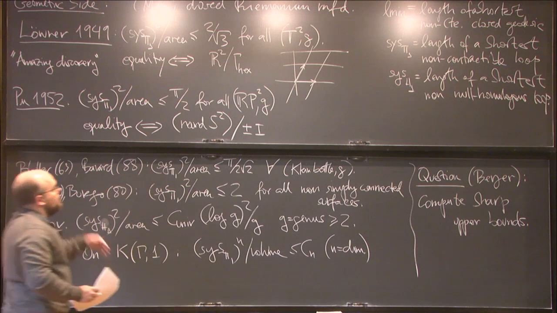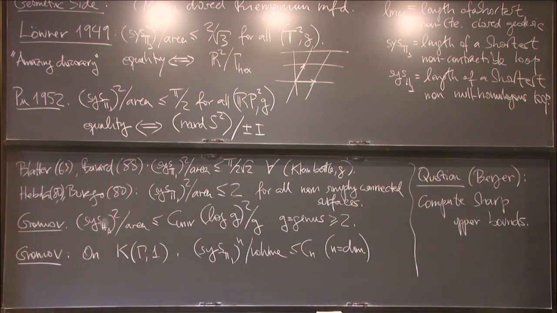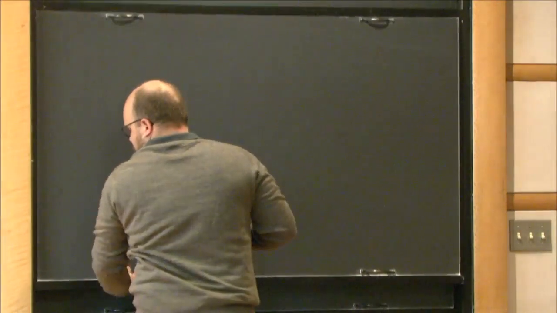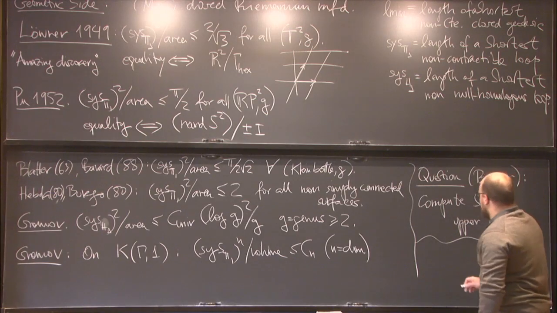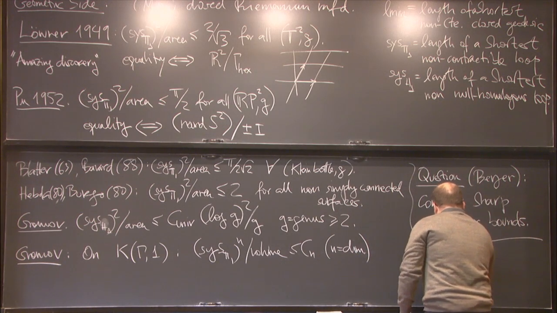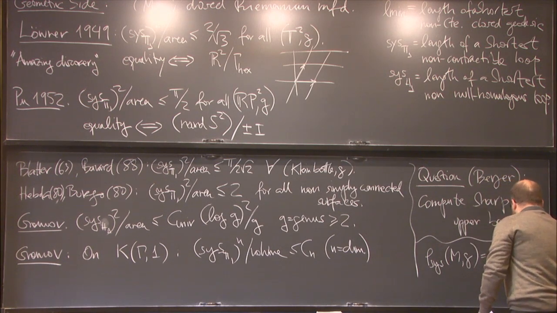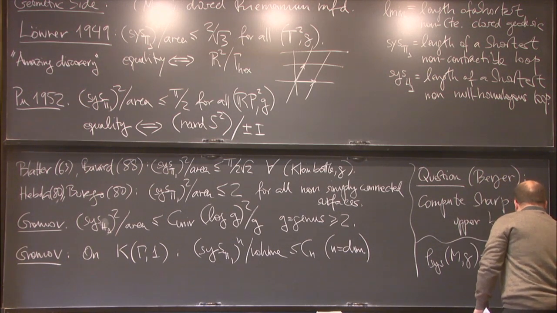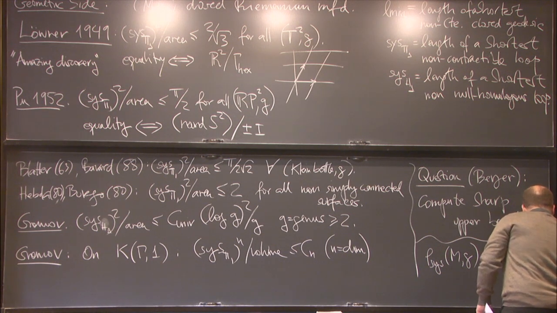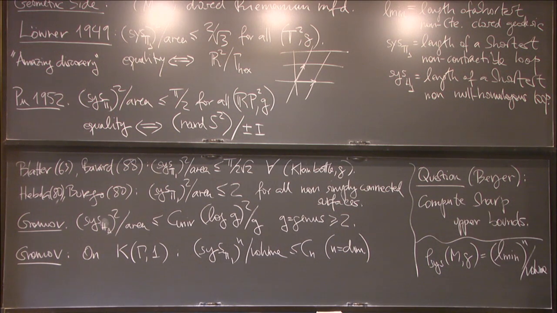Okay, so all these results leave the two-sphere out of the picture. In general, I'll denote by ρ_sys the systolic ratio of a closed Riemannian manifold, the ratio between L min squared divided by volume. For the two-sphere, computing the sharp upper bound here is a very difficult problem.